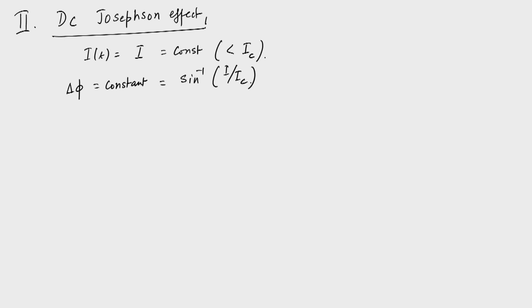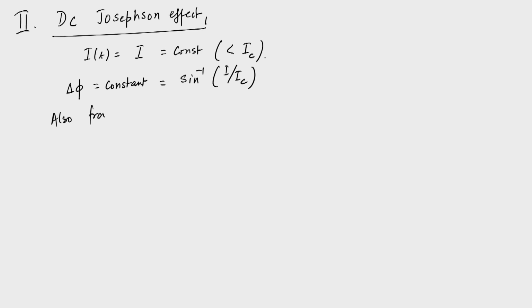This means that the phases of the condensate wave functions denoting the two superconductors remain constant at all times, and the difference between the phases is given by the sine inverse of I over I c, where of course I c is greater than I. And also, as we understand from 2, V is equal to 0 because d delta phi by d t is equal to 0. So, this is known as the DC Josephson effect.